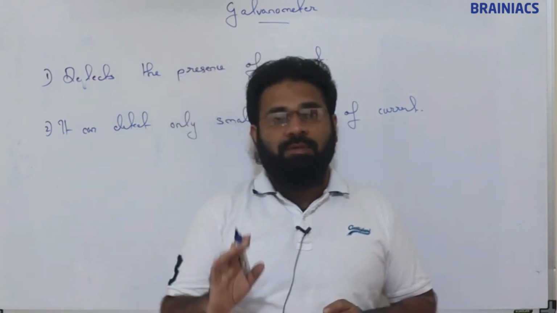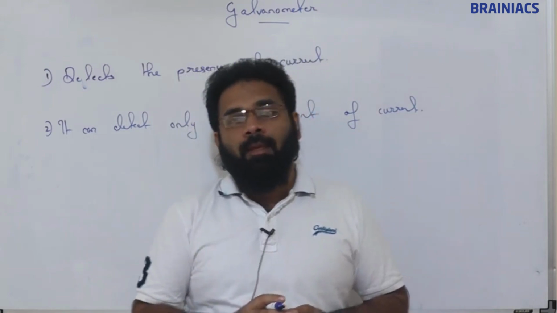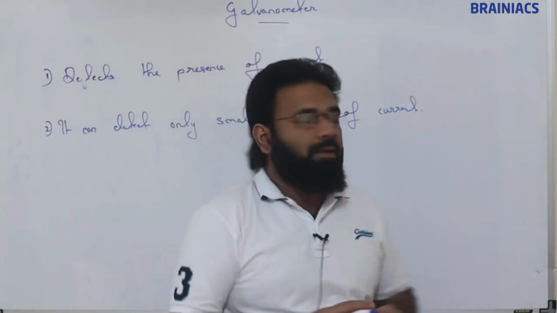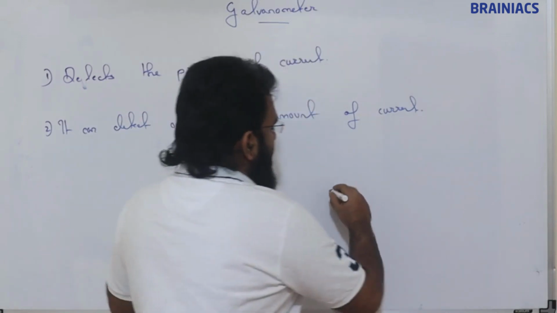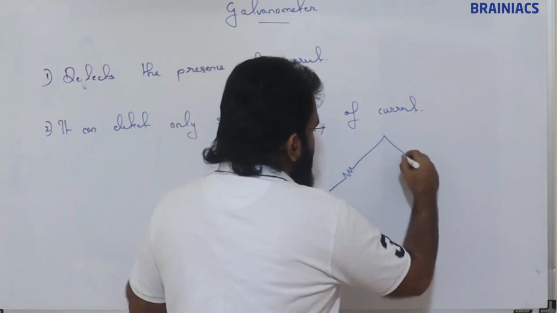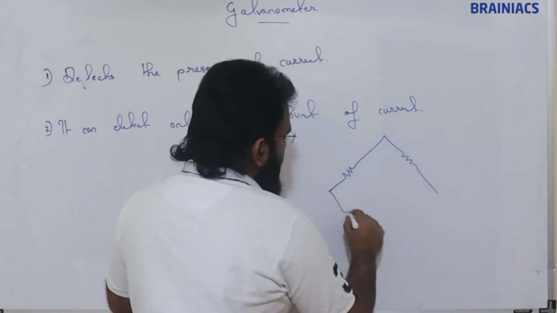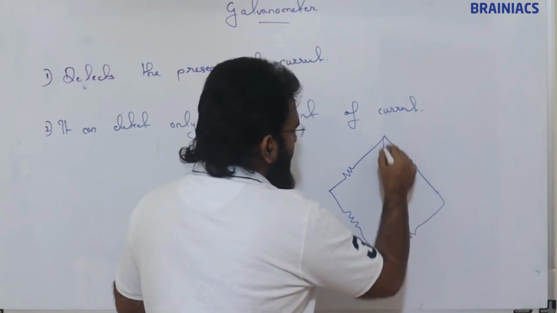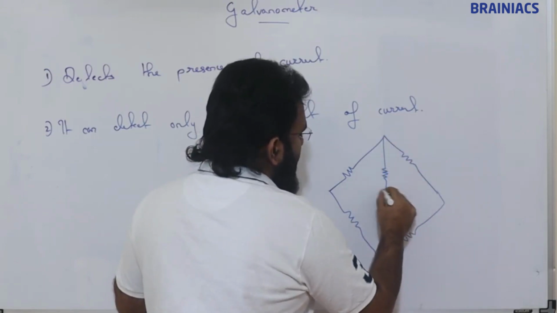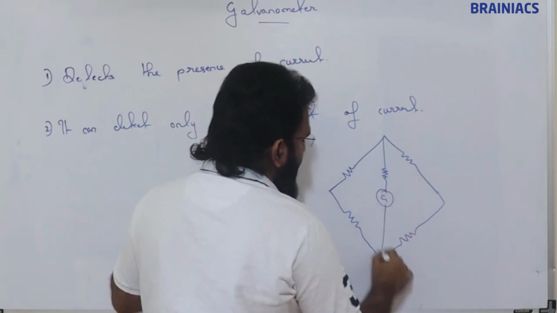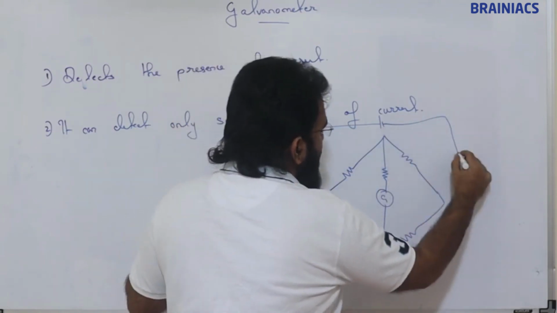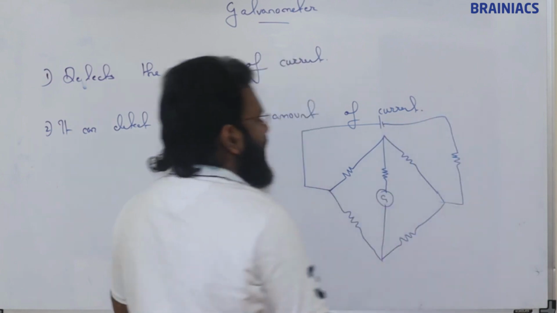We have discussed galvanometer while studying Wheatstone's bridge also. Suppose resistances are connected like this, and in between, after connecting a resistance, here we had a galvanometer. We connect this to a battery also.